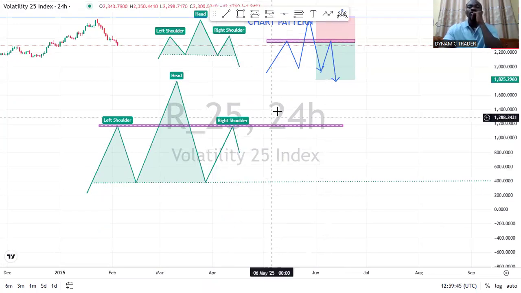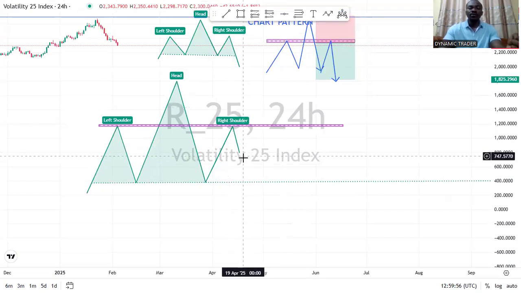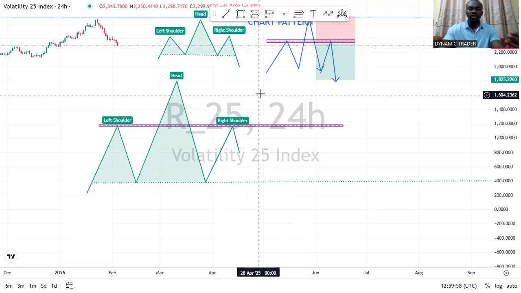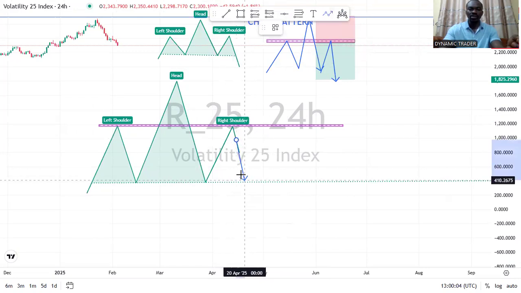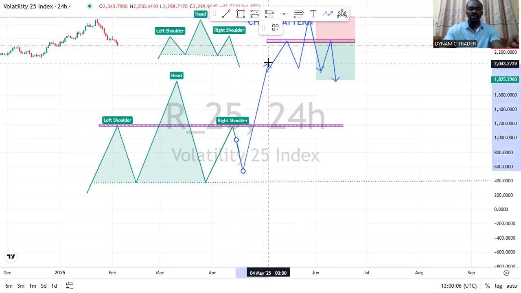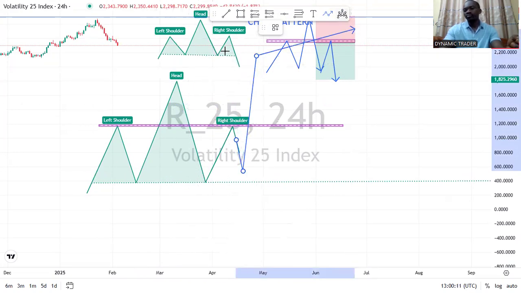Why? Number one reason is that the risk to reward ratio is not high, meaning it's very poor. The number two reason is that the market is likely to act as if it's coming down, then push up to take the stop losses here, changing the direction of the market.